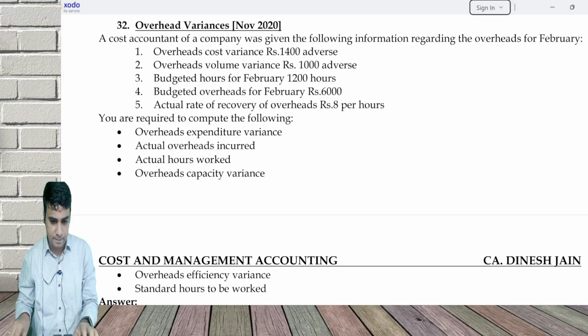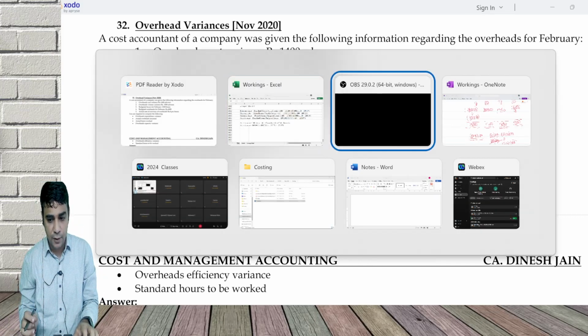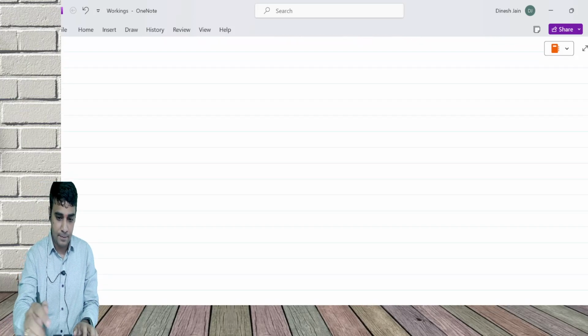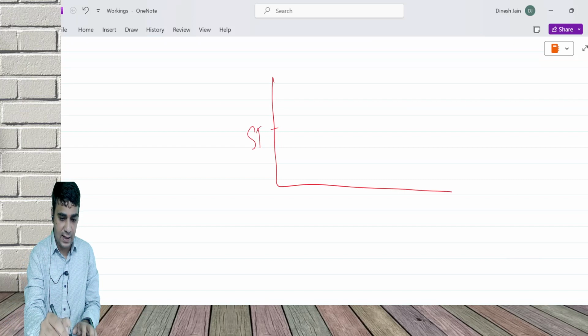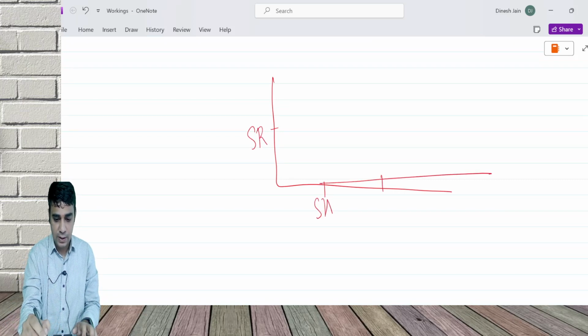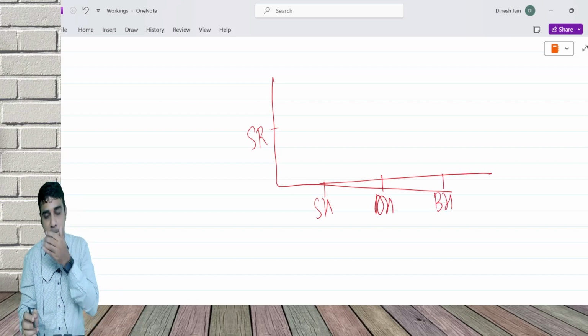Let's put the chart for without calendar: SR, SH, AH, BH. No PH in between.